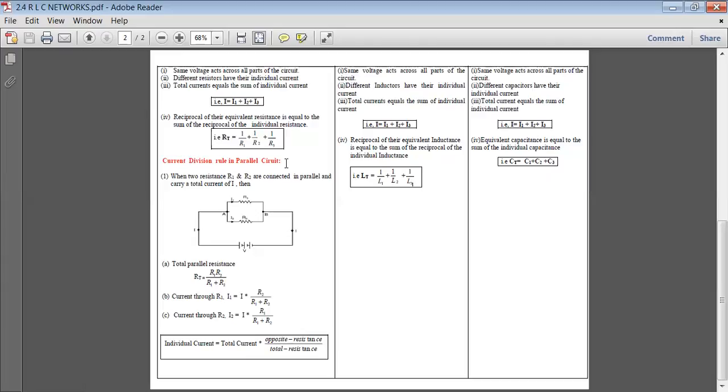When two resistors R1, R2 are connected in parallel, we can find out individual currents. Clear? So we have completed resistance in parallel.